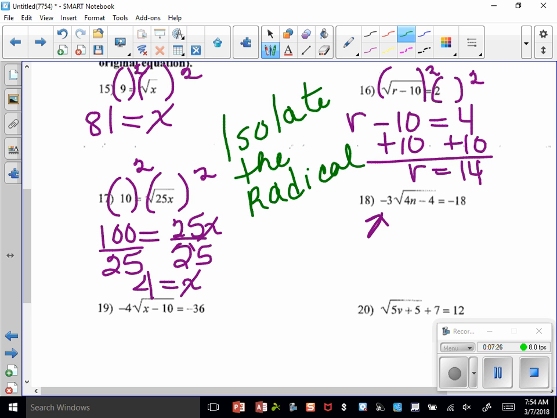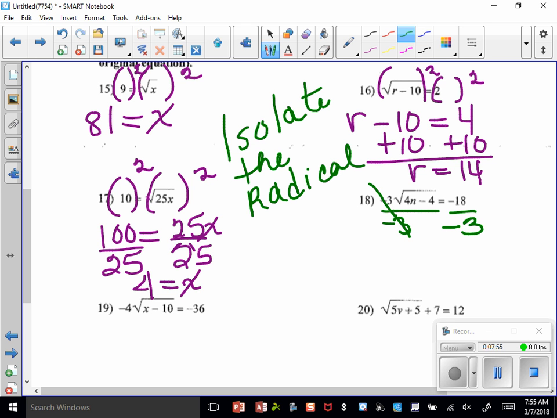So that means, isolate means the radical has to be on the side of the equation by itself before you start squaring. Okay, so I'm going to take a look. I see I have -3 times the square root of 4n minus 4. So how do I get rid of something that's being multiplied? Divide. So I'm going to divide by the -3 on both sides.